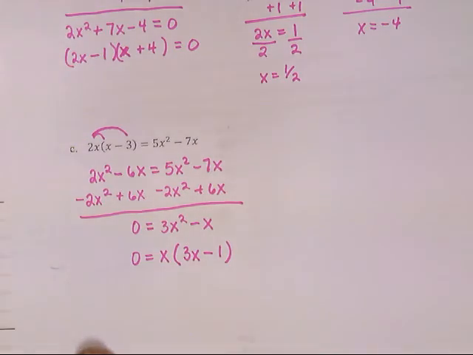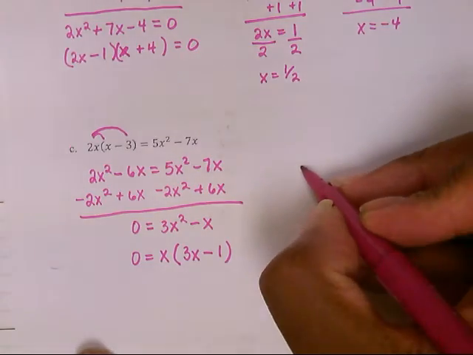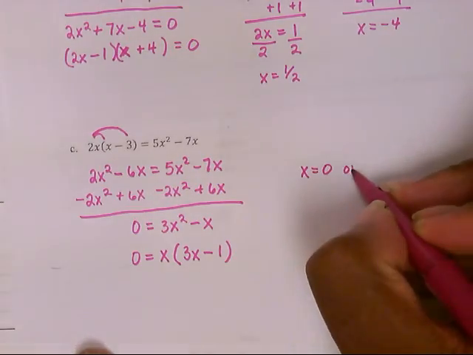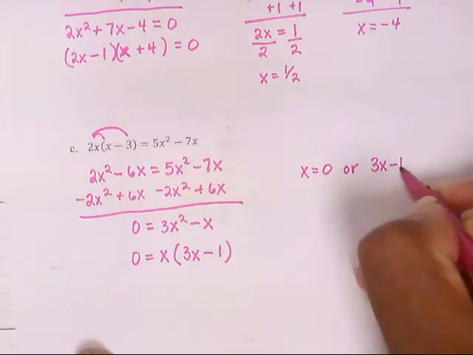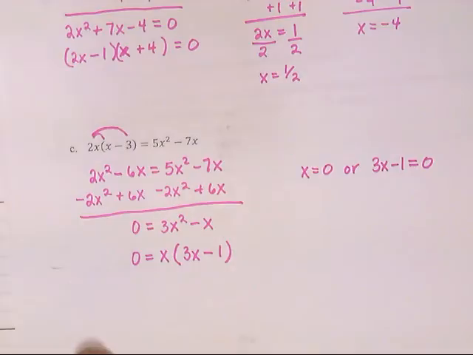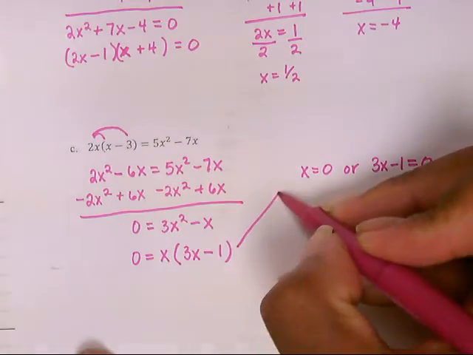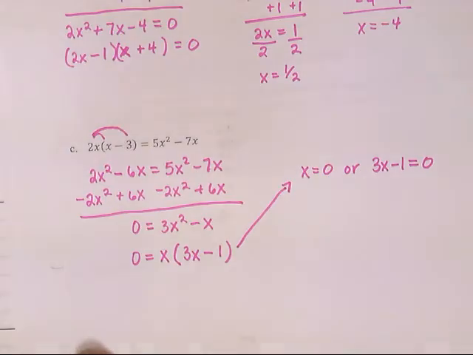And then we set each factor equal to 0. So x times 3x minus 1 equaling 0 means x is equal to 0, or 3x minus 1 equals 0. Just continuing this on this side.